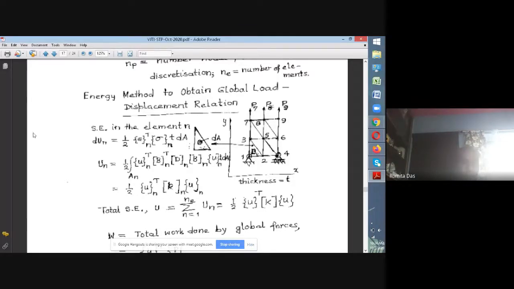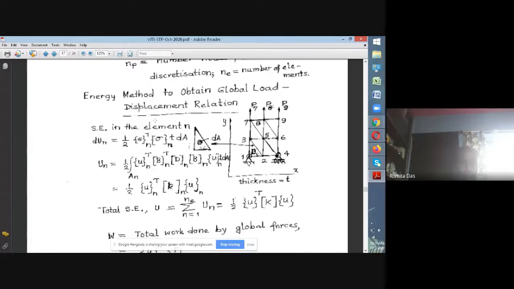When we take this, the final expression becomes half un transpose, where epsilon n transpose is nothing but un transpose Bn transpose, and the stress is Dn Bn into un, and t dA.